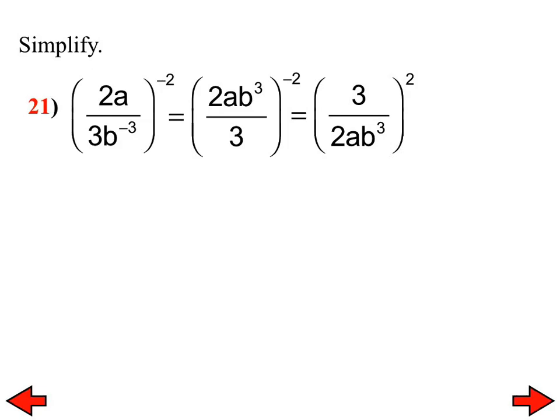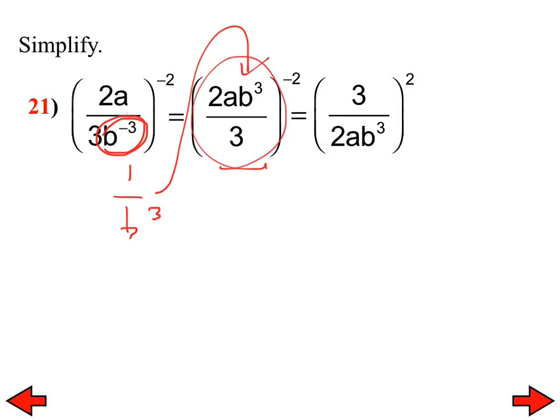First of all, I went ahead and did the first 2 steps, but nobody asked about where that went. Well, just like the previous problem, that's 1 over b cubed. And when you think about that, that's the reason why it suddenly appears on top now. And it's 2ab cubed over 3. Now, remember, negative exponents represent division, or sometimes we can think of that in terms of reciprocals.